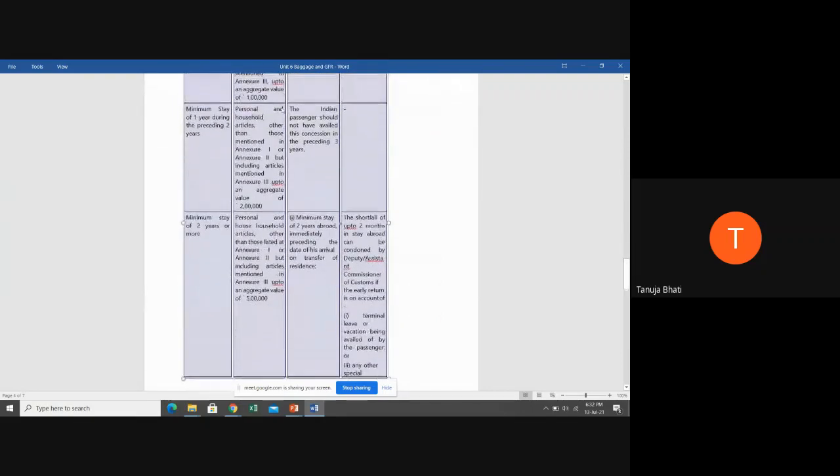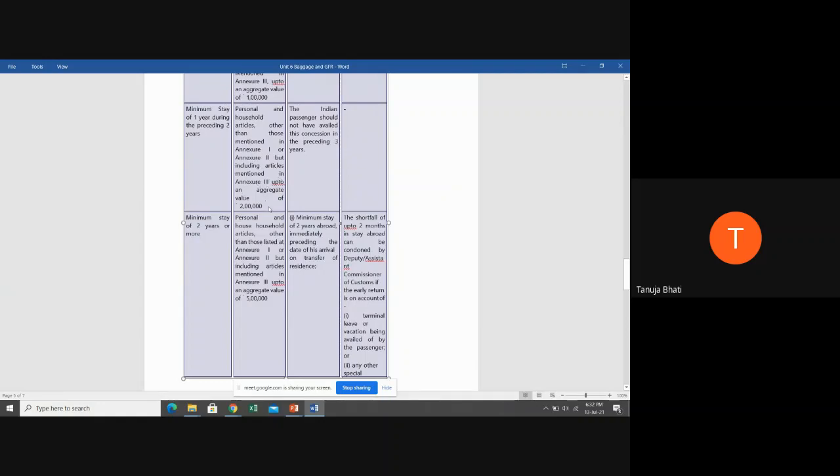Now next we have to see if his minimum stay is for 1 year during the preceding 2 years. So in the last 2 years, suppose you take the current year as 2021, preceding 2021, if his minimum stay is 1 year and he brings along with him into India personal and household articles other than those mentioned in Annexure 1 or Annexure 2, but including articles mentioned in Annexure 3, up to an aggregate value of rupees 2 lakhs.